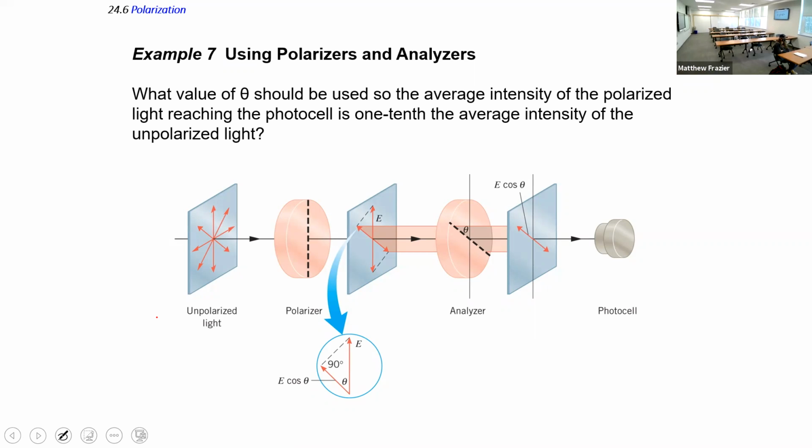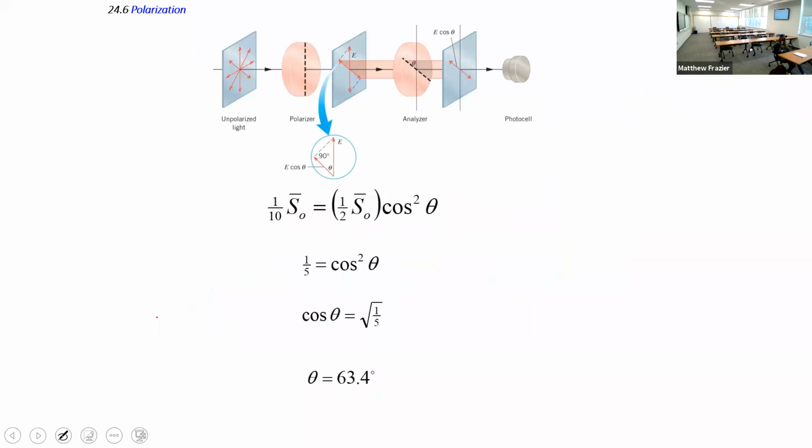And so if the ratio of the intensities is 1/10, then that cosine squared term has to be 1/10. And that's what's happening. So the first light that goes through is 1/2. And then that gives you a factor of 1/5 is cosine squared theta. And then that lets you calculate cosine of some number less than 1, an angle less than 90, and that's what you get.